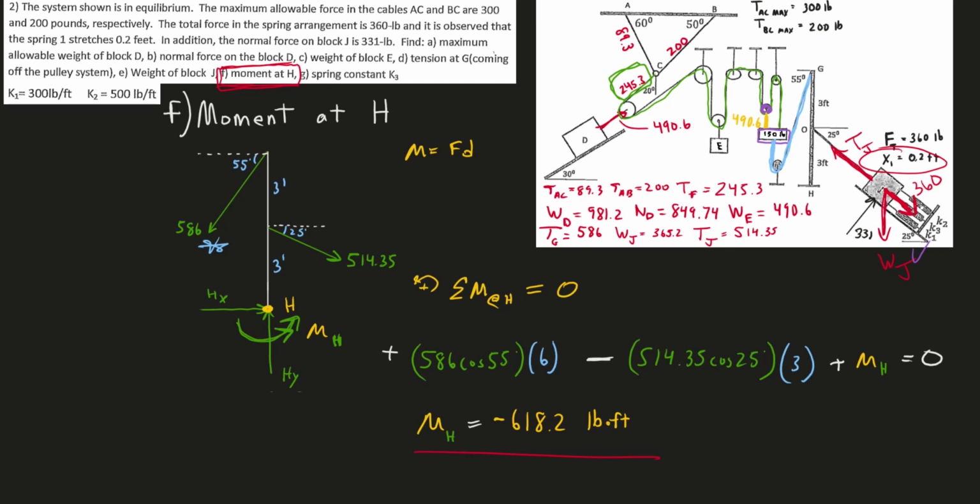And my assumption was that this moment direction is counterclockwise. So clearly it's the opposite. This couple moment is actually acting in the clockwise direction. So the moment at H will equal 618.2 pound-feet, and I'll put a little arrow this way to show the direction.